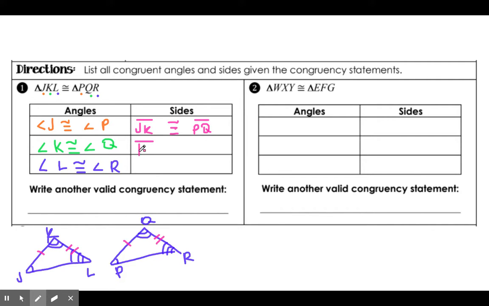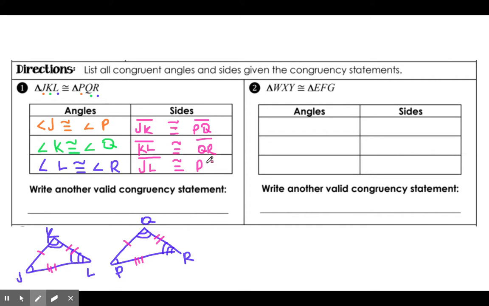So segment KL is congruent to segment QR. And then lastly, we have JL is going to be congruent to PR. So segment JL is congruent to segment PR.